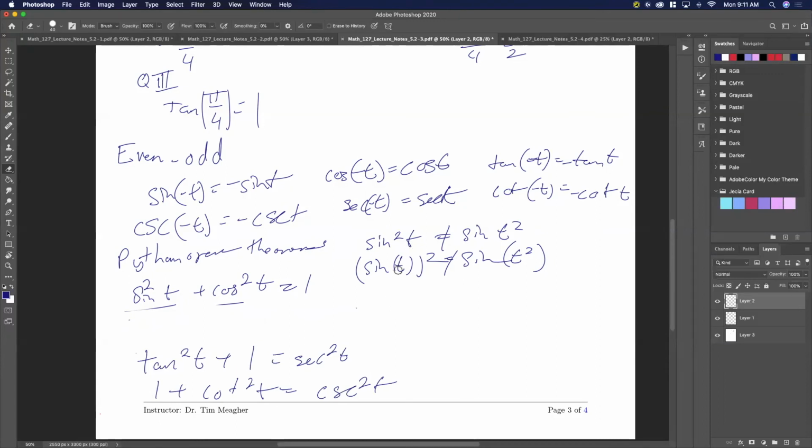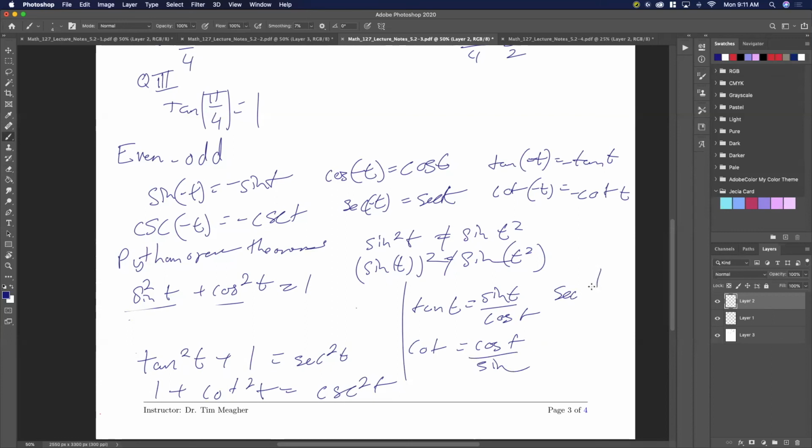The only other theorems I need to go over real quick are the reciprocals. Tangent is the same as sine over cosine, and cotangent is equal to cosine over sine.